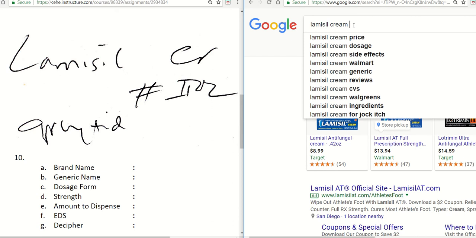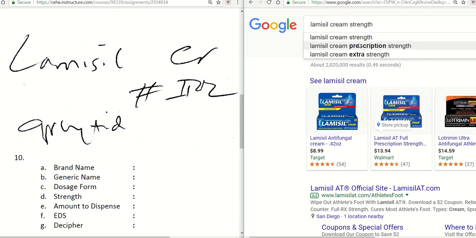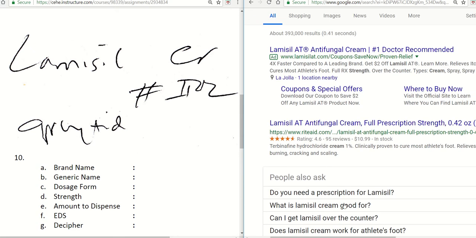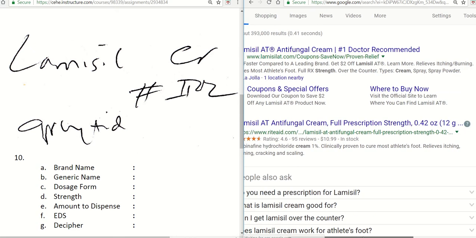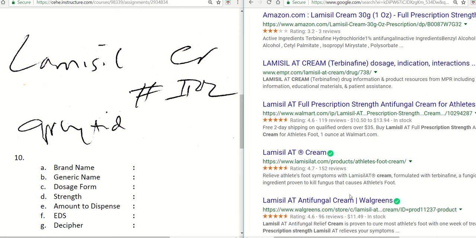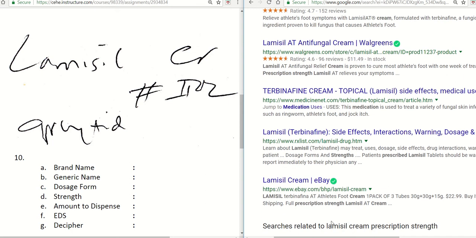So what strength is it? Prescription strength. Terbinafine.